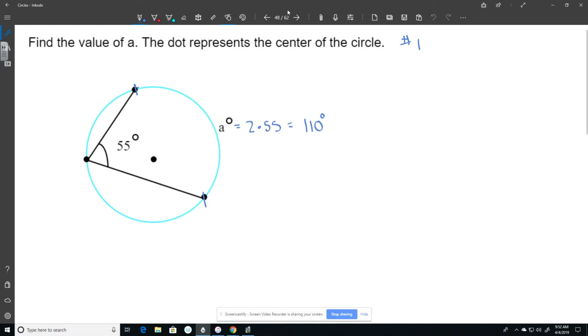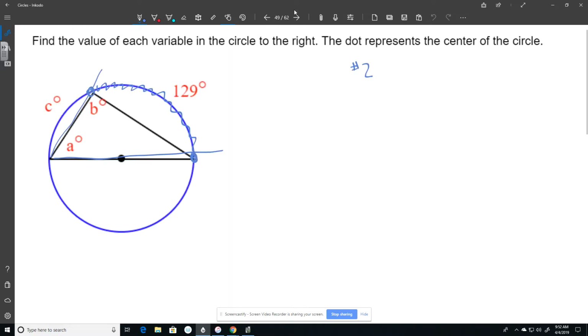So the angle that makes that arc is half as big as the arc. In number 1, the arc is twice as big as the angle, which means that the angle is half the size of the arc. So if the arc for A is 129, then A is going to equal 129 divided by 2, which is 64.5 degrees.